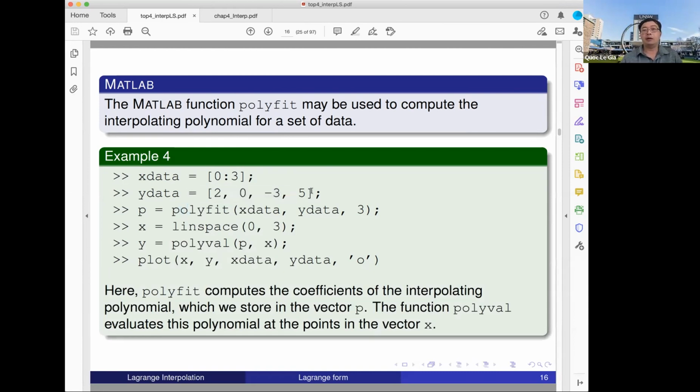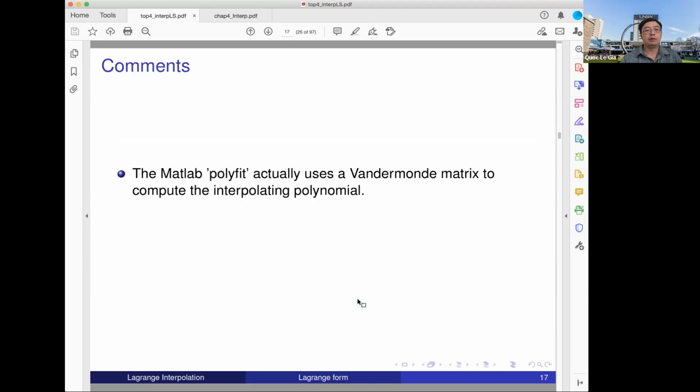Remember at the very beginning, you said that you can solve a linear system. So polyfit solves a linear system to get the coefficients. Polyfit uses the Vandermonde matrix, so let me explain the Vandermonde matrix a little bit.